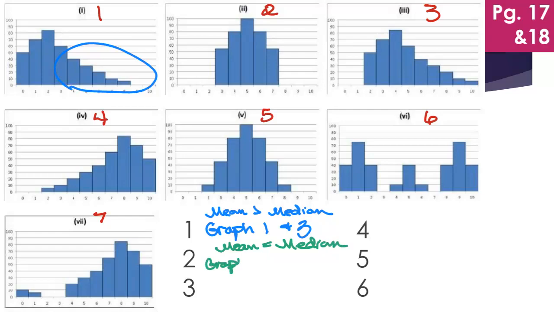Graphs 2 and what? 2 and 5. Any others? Yes, 6. Very nice. Because they are what? Very good. They are all symmetric. Okay, so they are symmetric. That's what makes the mean equal to the median. And for number 1, they were all skewed to the right. For problem 1, graphs 1 and 3 were skewed to the right.